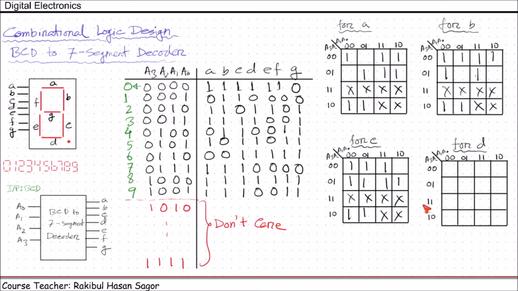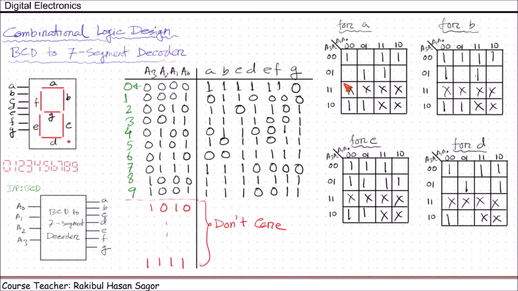Next for D, we have 0 at 1, and ones at 2, 3, 4, 5, 6, 7, 8, 9, and these are the don't care conditions. Over here at 9 we have 0, so this one will not be here. Also for A, we have 0 at 6th position.